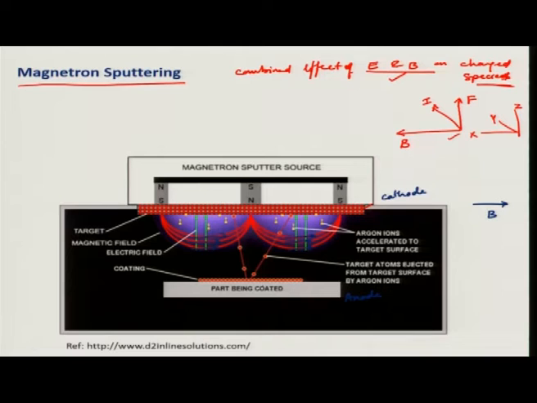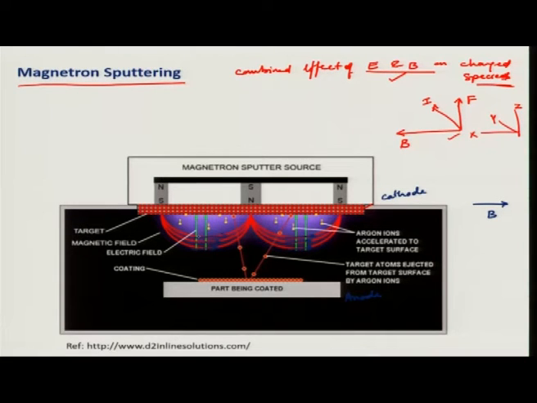When we have these perpendicular electric and magnetic fields, the force on the electrons will be in the third perpendicular direction, which is in the plane of this screen or the paper. So, my force on the electron is in this direction. It will force the electron to move in the direction of the plane, and then we make this target and the magnetron in the form of a circle.